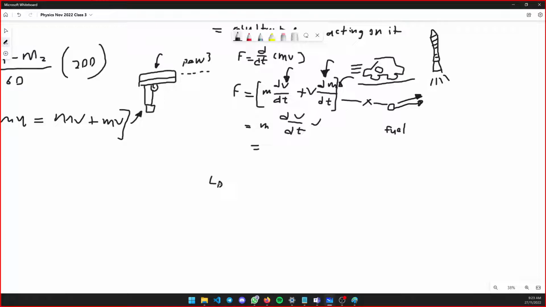Equal but opposite reaction. Okay, that is his third law. Reaction, equal, opposite.